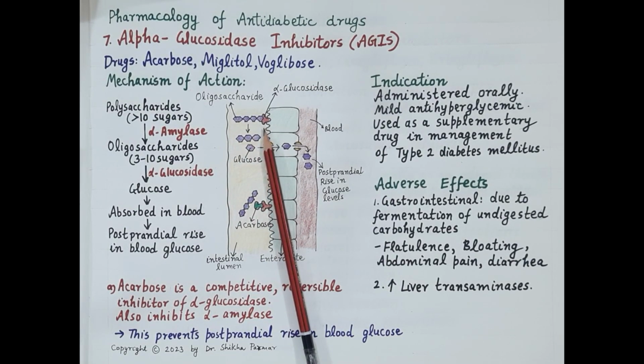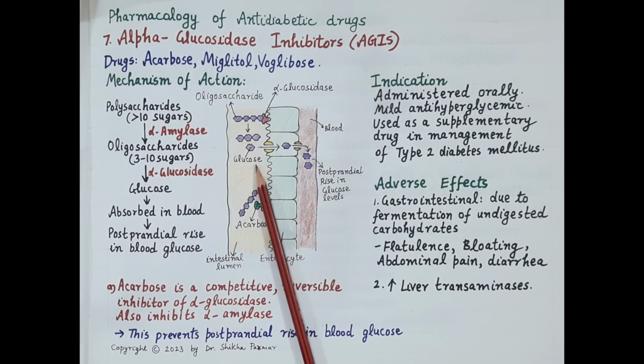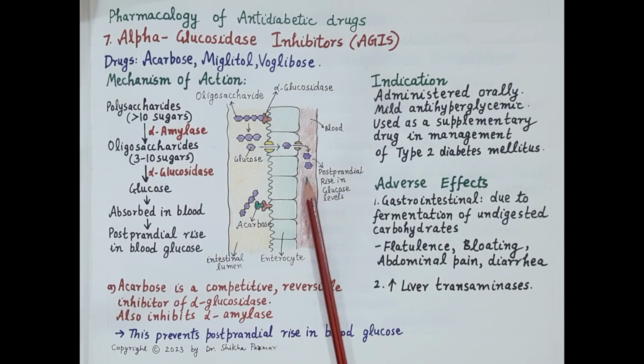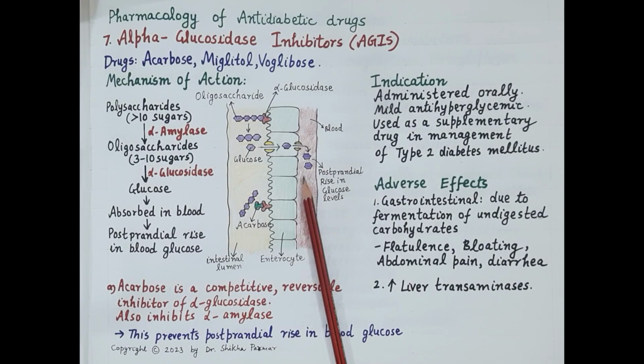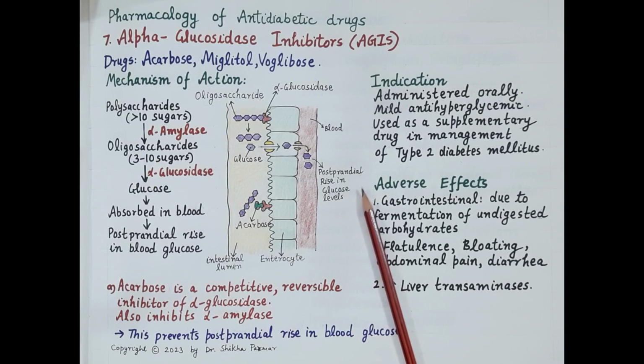The enzyme alpha glucosidase breaks this oligosaccharide to release a glucose molecule. This glucose is transported into the enterocyte and then absorbed into the blood. So, release of glucose molecules from polysaccharides and oligosaccharides and their absorption in the blood is responsible for the postprandial, that is after meals, rise in blood glucose levels.